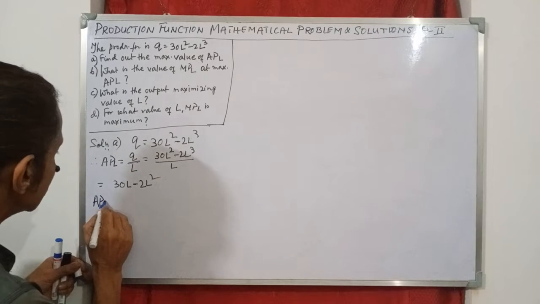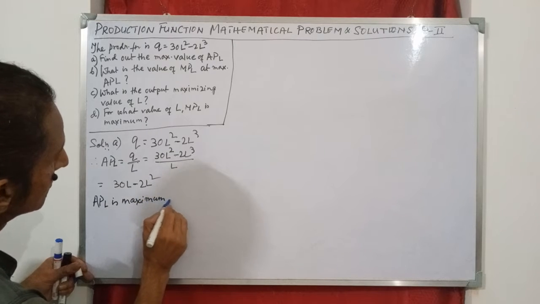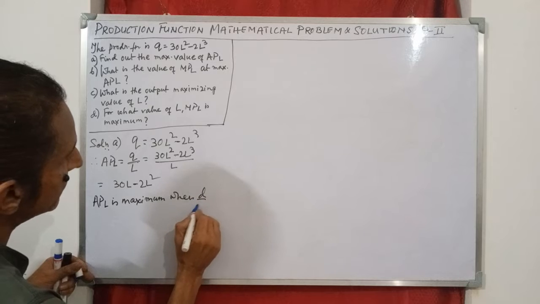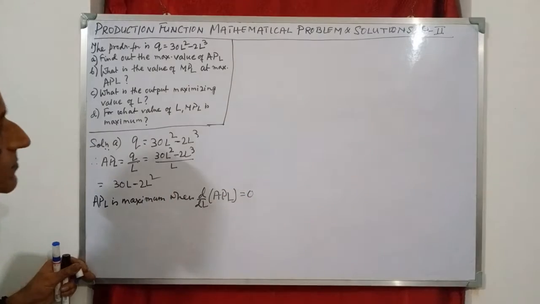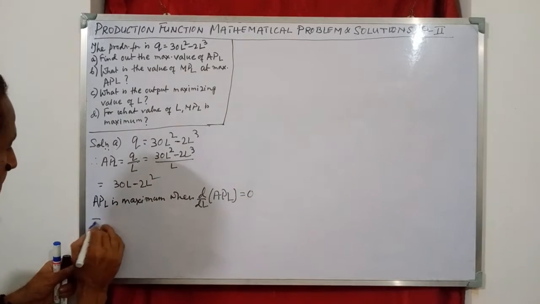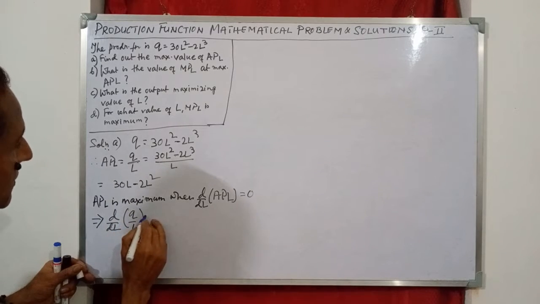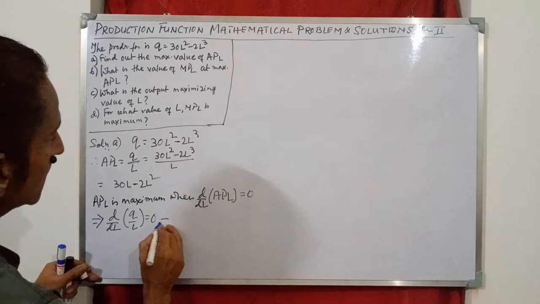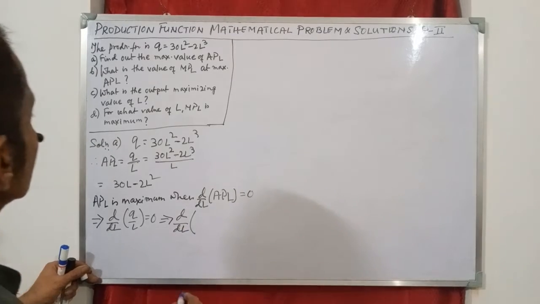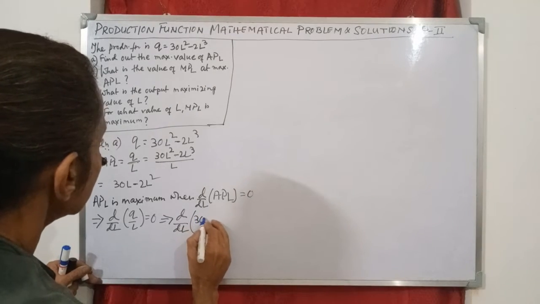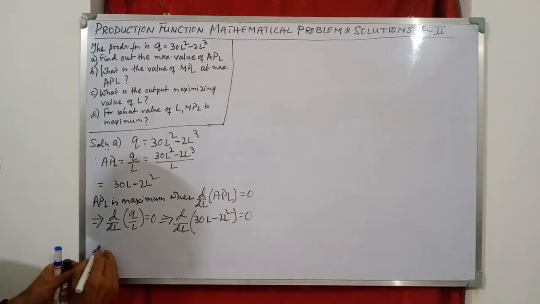This means d/dL of Q by L equals 0, that is, d/dL of 30L minus 2L square equals 0.